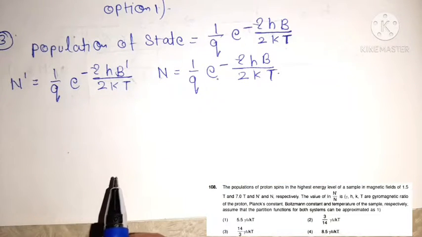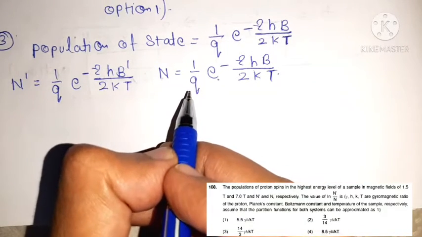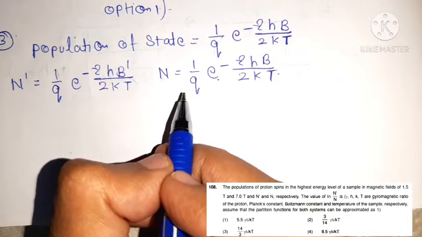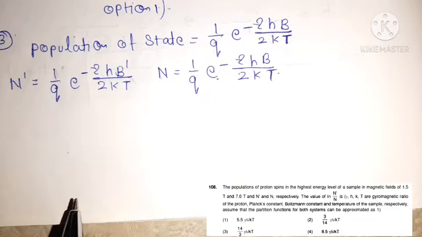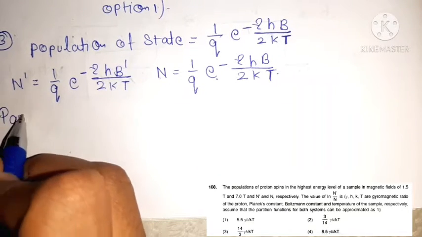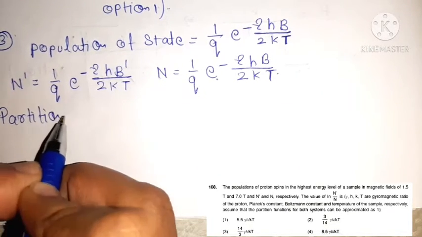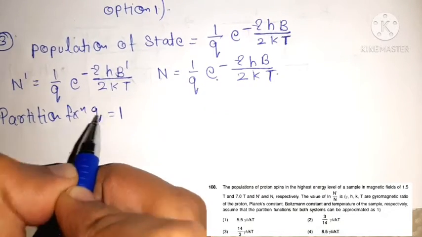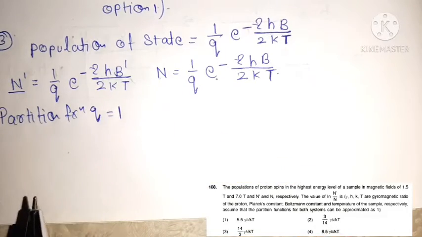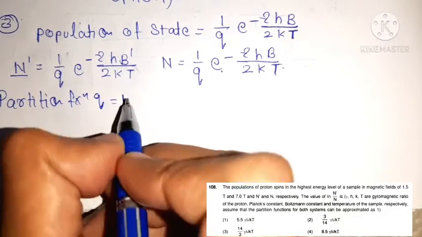And here q is the partition function, which is equal to 1 in both cases. That is the given condition in your question. So the partition function q is equal to 1 in both cases, that is in the case of n dash and in the case of n.